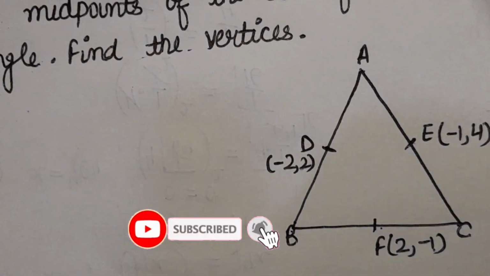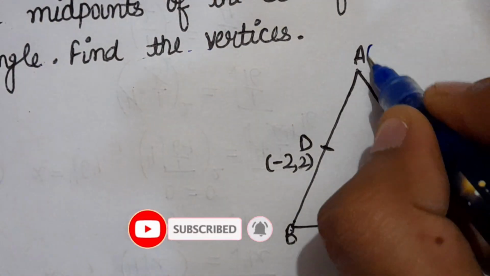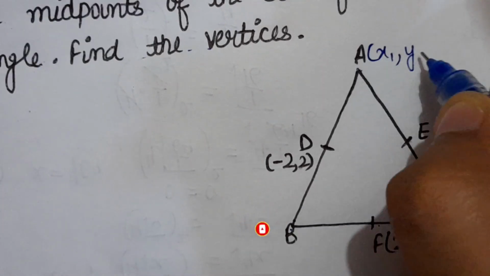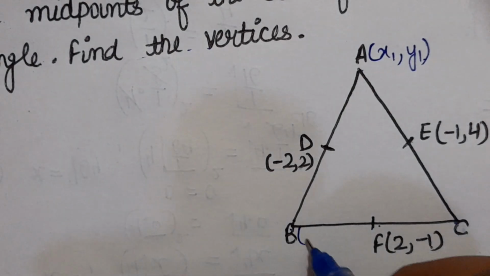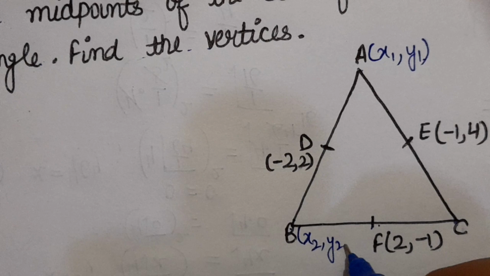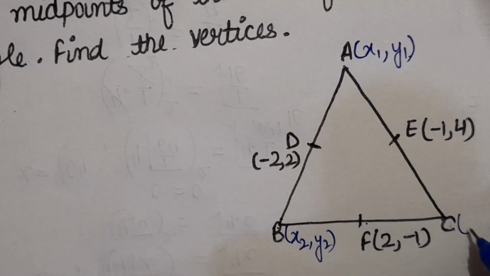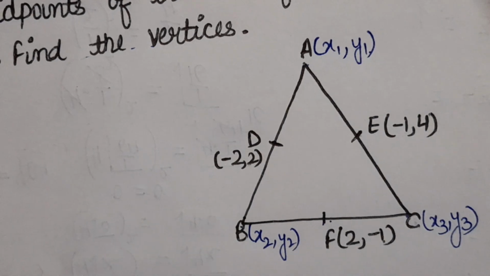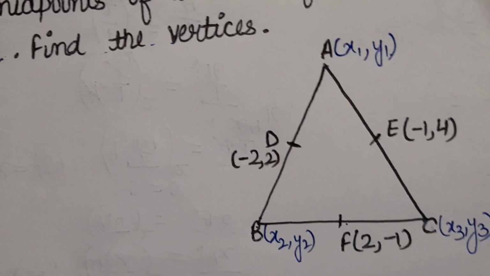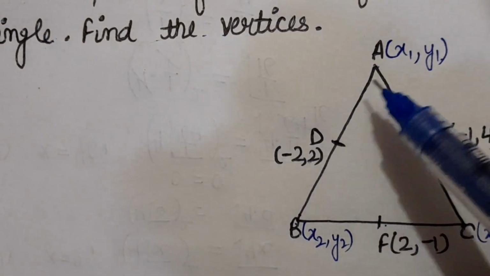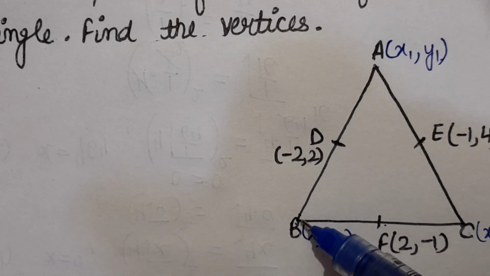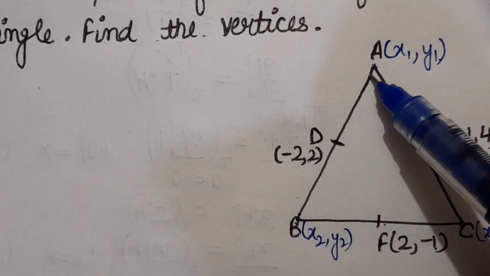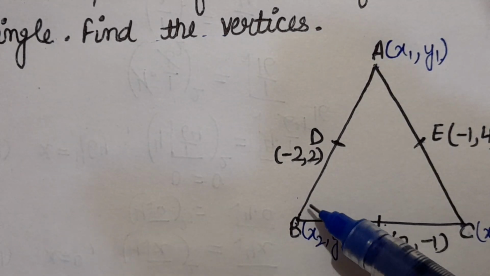First of all, let us assume that the vertices are (x1, y1), (x2, y2) and (x3, y3). And we know the property of the midpoint: the midpoint of any line is the sum of the endpoints of the line divided by 2.